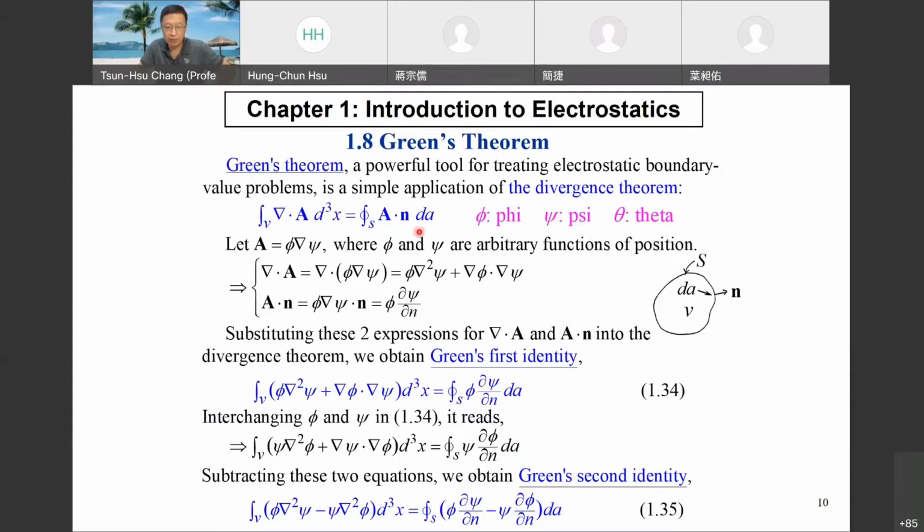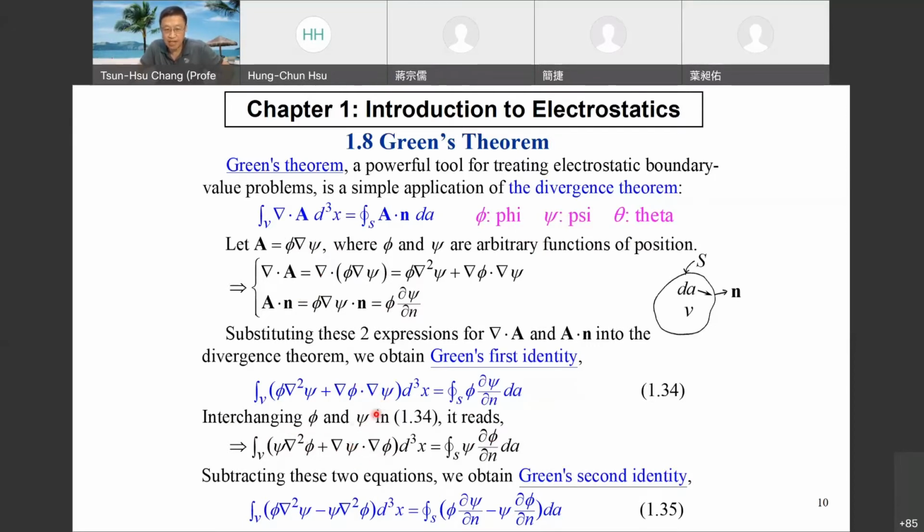And Green theorem is just a simple application of the divergence theorem by substituting this vector to here and here. And we got these two. That's the Green first identity. And then interchange phi and psi. So we got another equation by substituting these two equations, a dot b, b dot a.